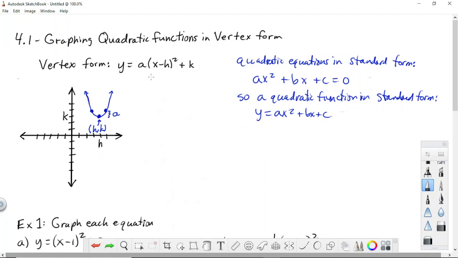You see the vertex form looks quite a bit different than the standard form, but notice they're both going to have x squared. In the vertex form, you've got this x minus h binomial, and it's squared, right?